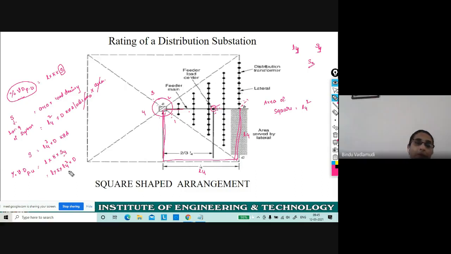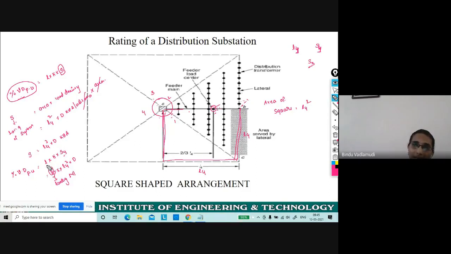Next, is this value of L dependent upon the loading type? Are you following? Already we have discussed this point.